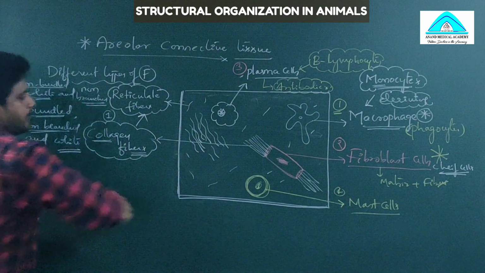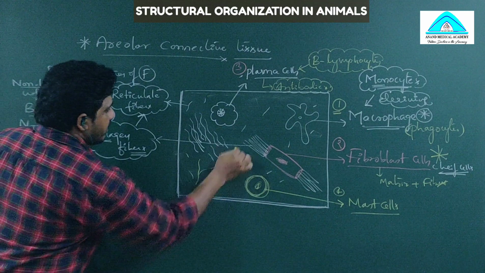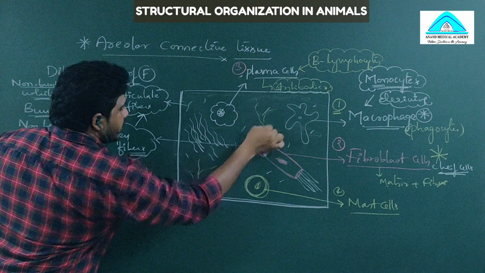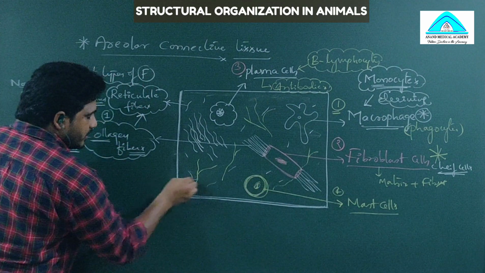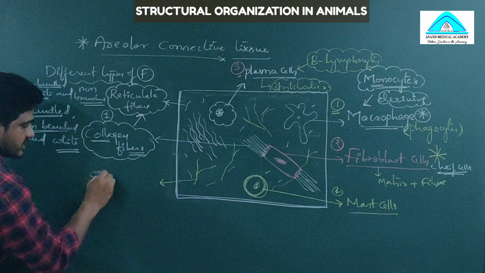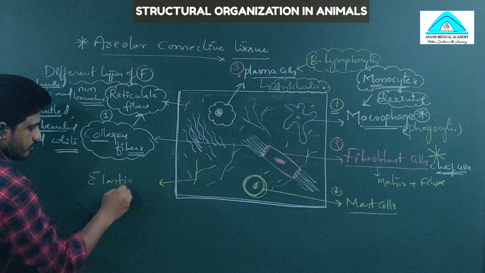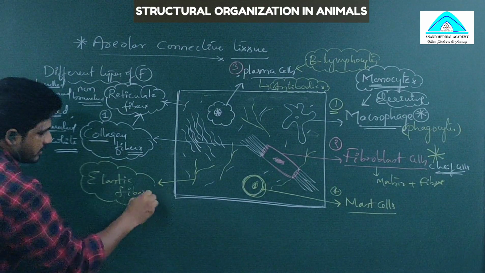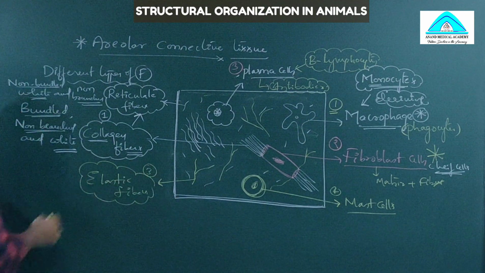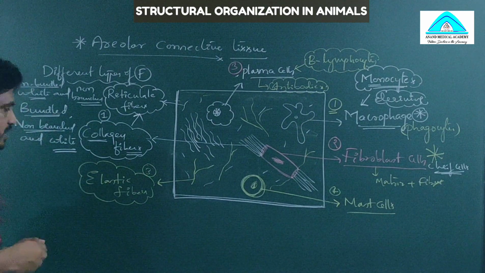Next, the other type of fibers exist in yellow color. You can see here they have branches but they are not bundled. These fibers are called elastic fibers. Elastic fibers are the third type of fibers. In the name itself we can say they produce some elasticity, flexibility.